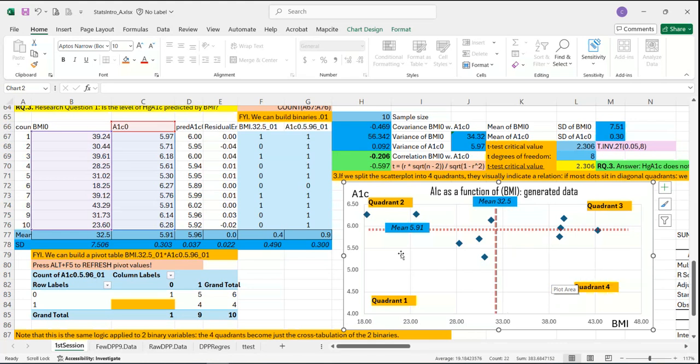And we just split this graph by adding two lines, a horizontal line crossing the entire graph at the mean level of A1C, and a vertical line going at the mean level of BMI. So this pretty much splits the graph into 4 quadrants.